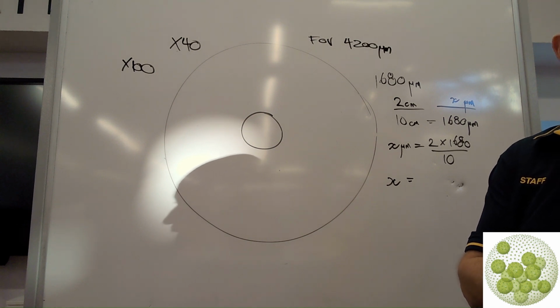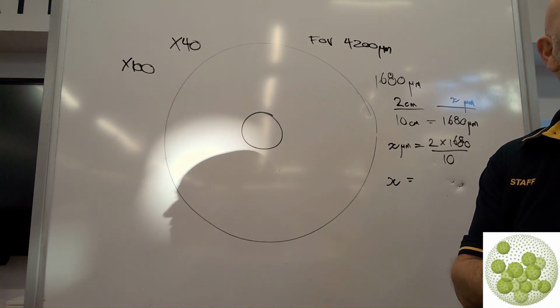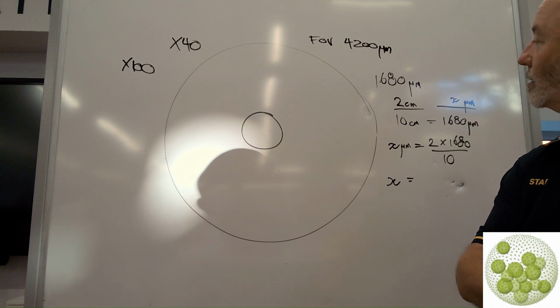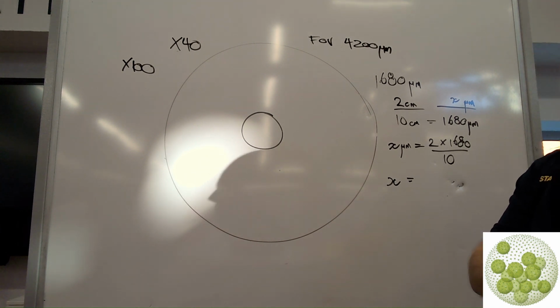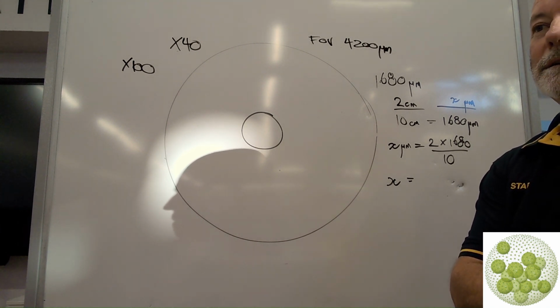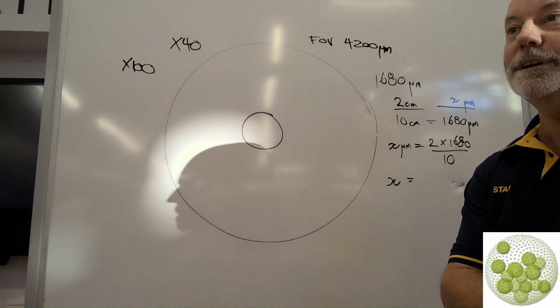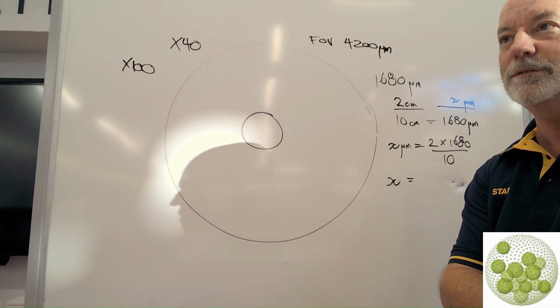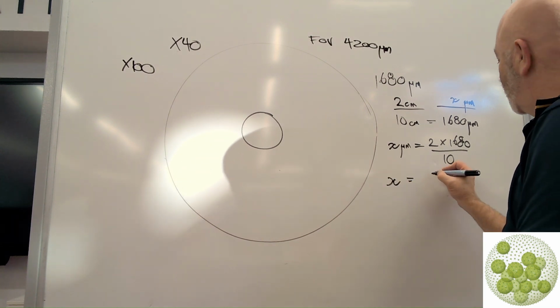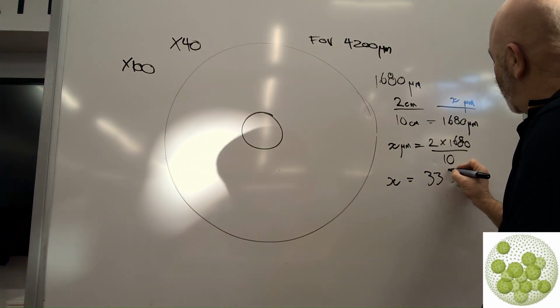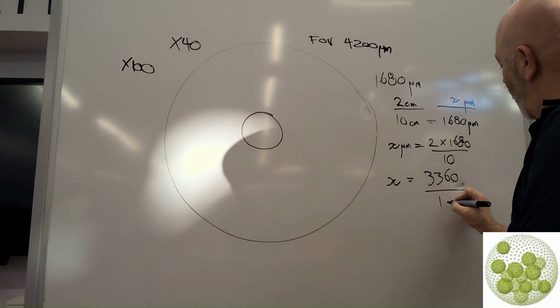People with calculators? 3360. Right, 3360 divided by 10.